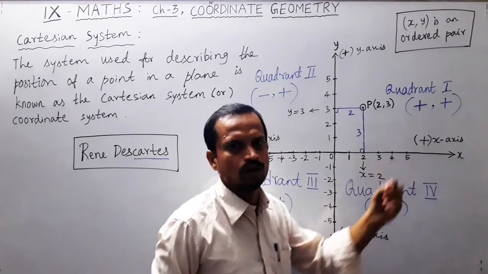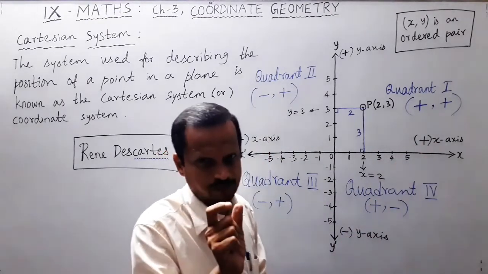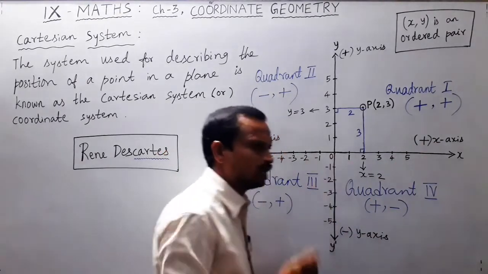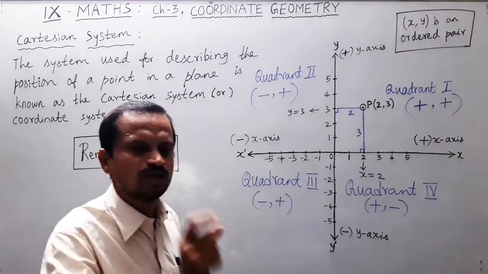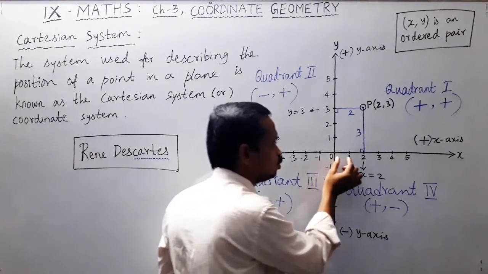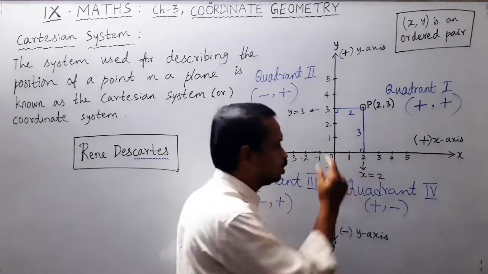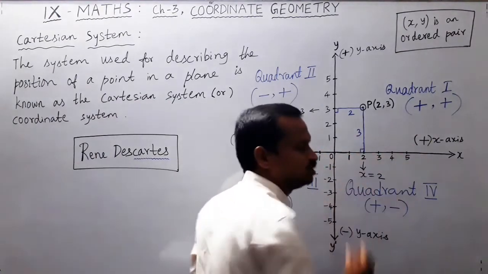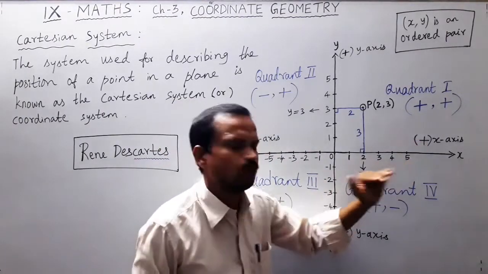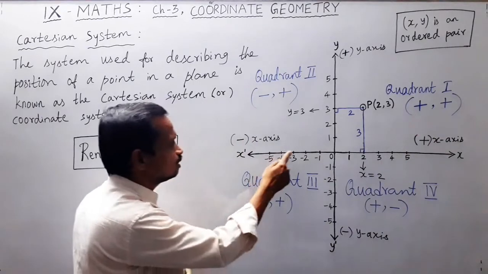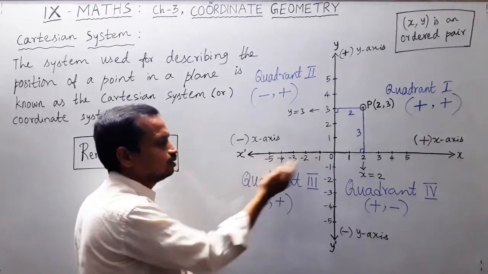We take equal distance to represent each unit: from 0 to 1, 1 unit, 1 to 2, 1 unit, 2 to 3, 1 unit, like that. So 1, 2, 3, 4, 5 is the positive x-axis, and here -1, -2, -3 on the left side.